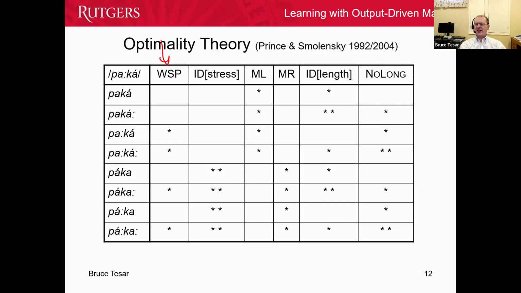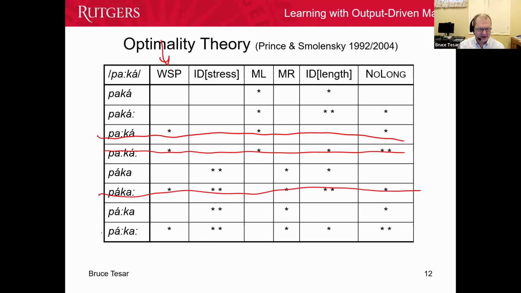That means that any candidate which has 1 or more violations of that first constraint can't win the competition. It's eliminated at that point. So that would be that candidate out, that candidate out, that candidate out, and that candidate out. So after the first constraint, we have 4 candidates still in the running that have 0 violations of WSP.